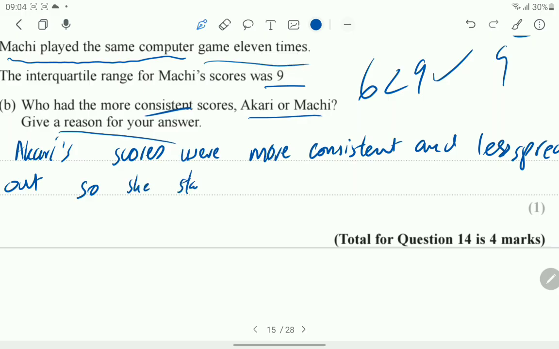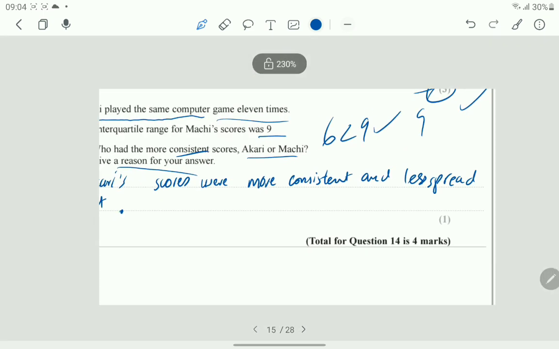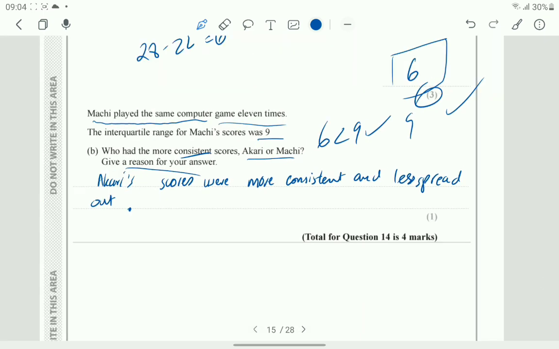Standard deviation is, I guess, a concept too much for you guys, so let's just keep it till here. Akari's scores were more consistent and less spread out, so she had more consistent scores, as the question asks us to reason.